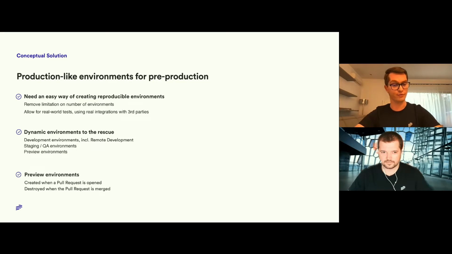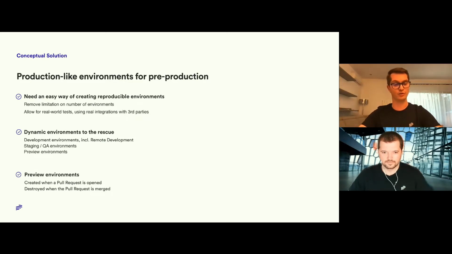This could be for development purposes, environments on which developers would develop on remotely, and this we truly hope to eliminate the classic "it works on my machine" saying for developers with this.